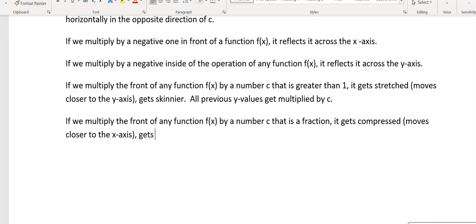We can think of it, it gets fatter. And all previous y values get multiplied by c again.